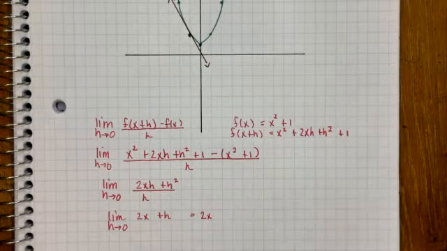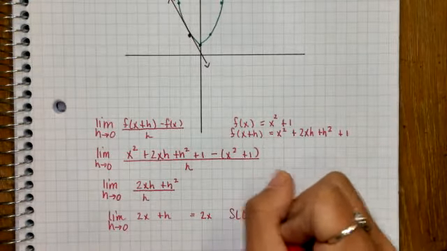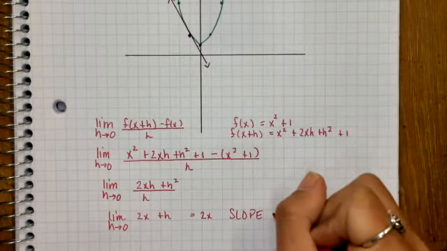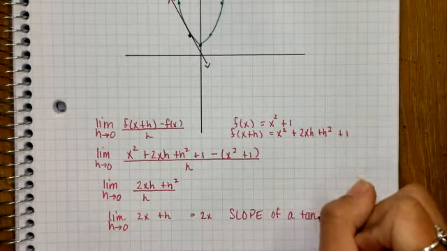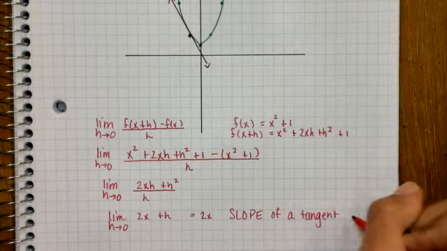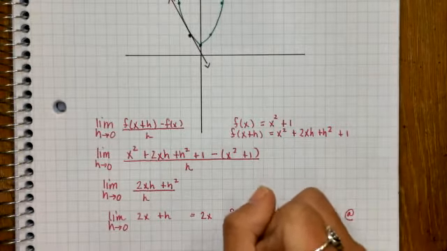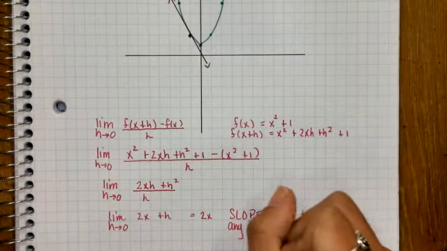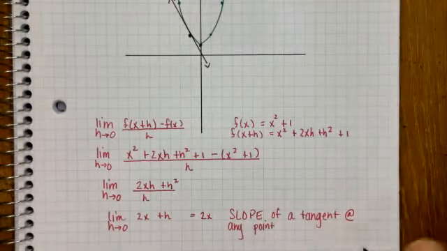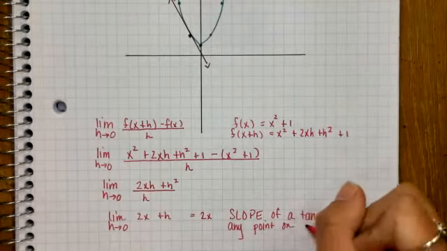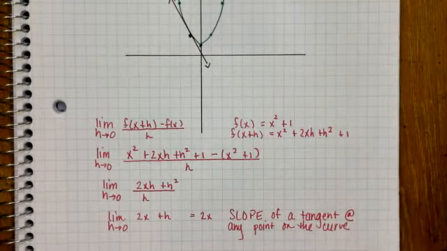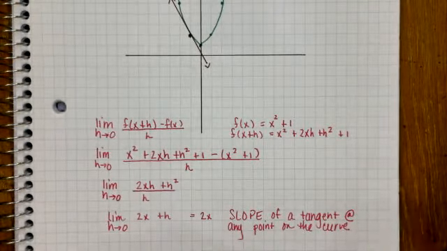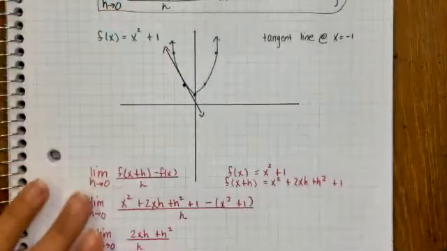What you've just found is that this represents the slope of a tangent line at any point on the curve of x squared plus 1.